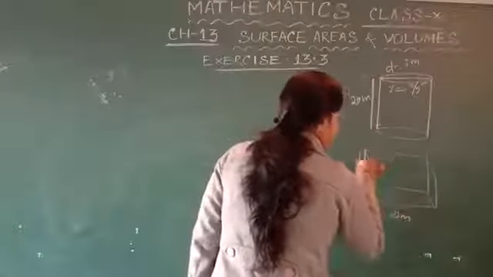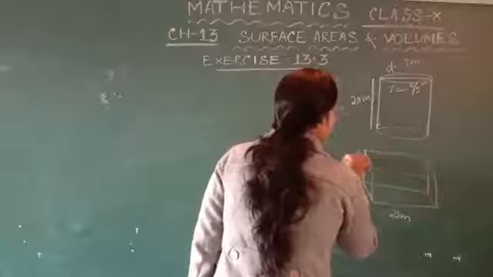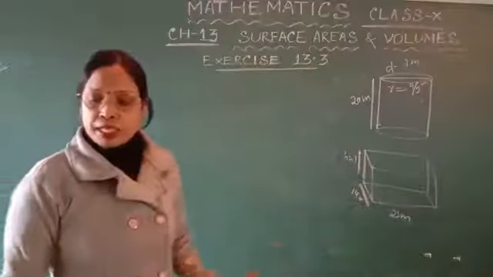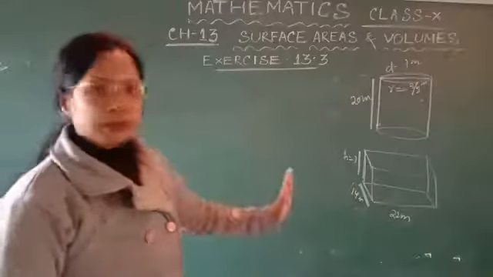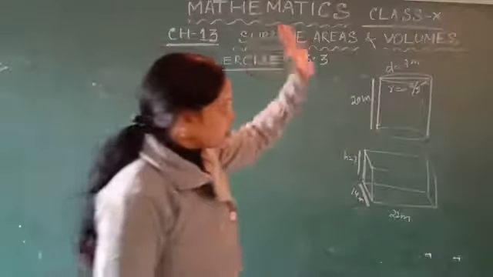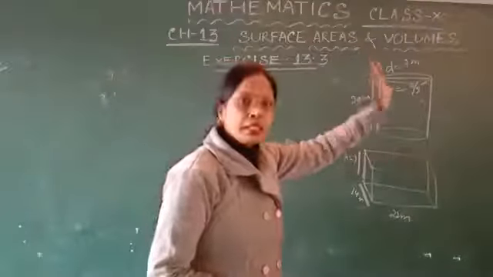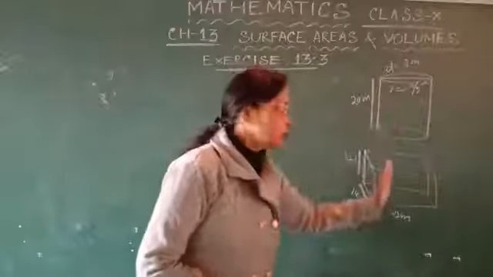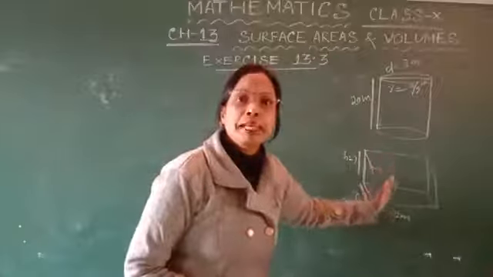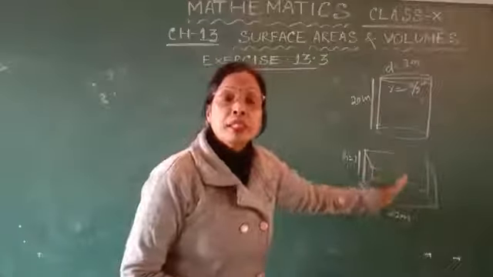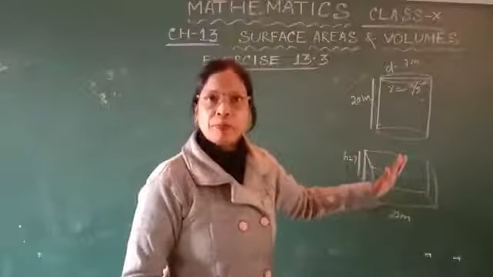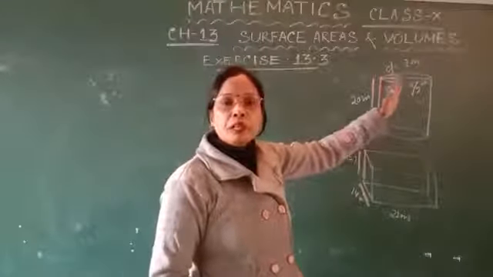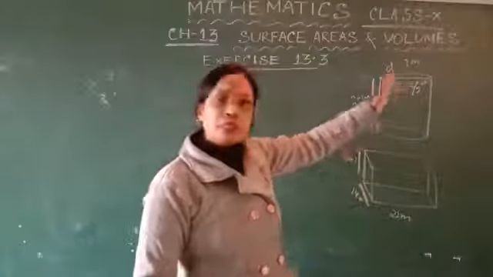The question says find the height of this. The volume of the earth dug out of this well is equal to the volume of this platform, which is in the shape of a cuboid. So first you find the volume of the earth dug out of this well.